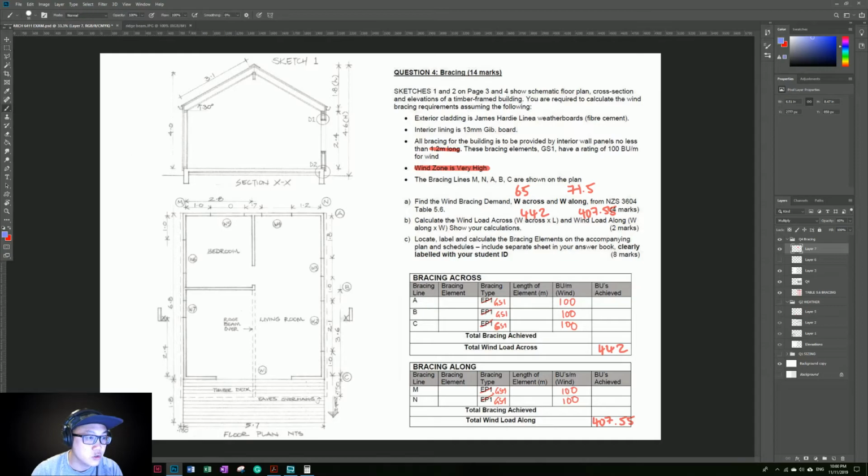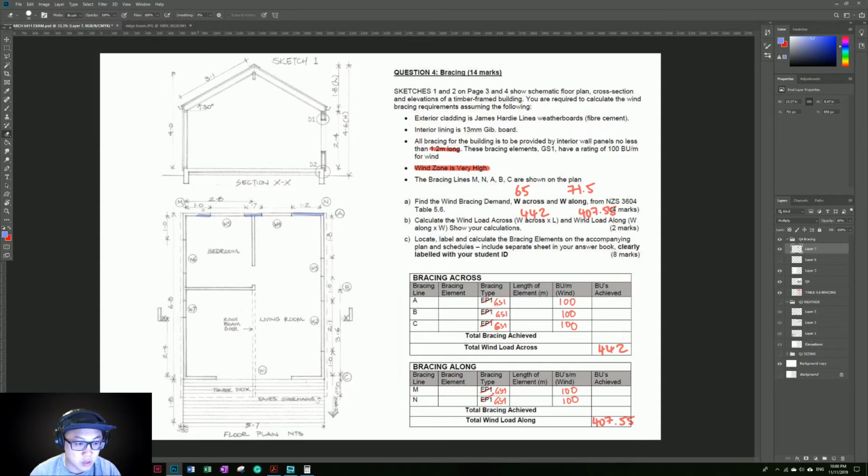Let's go to the brush tool. You can see here there are windows. So the only place where you can have bracing is where there are walls. It can be here, here, or here. But because they said that it needs to be at least 1.2, the only place where you can have it is right there. So I'm just going to delete the other ones.